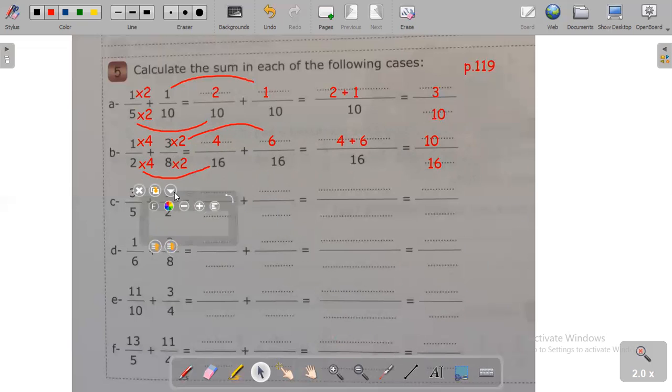We multiply the 5 by 2, and the 2 by 5, because we know that 2 times 5 is equal to 5 times 2, so we get 10. So we multiply the first fraction by 2 and the second fraction by 5.